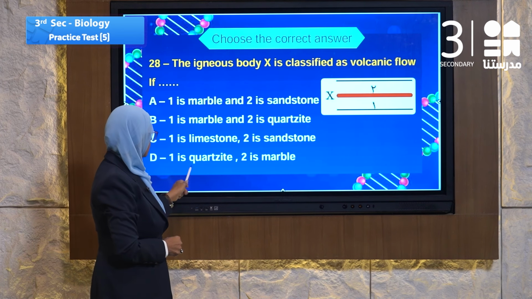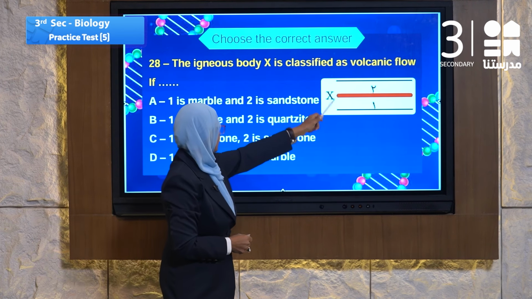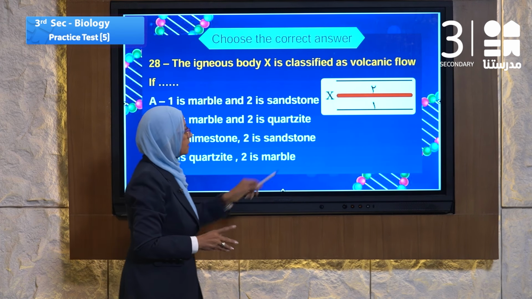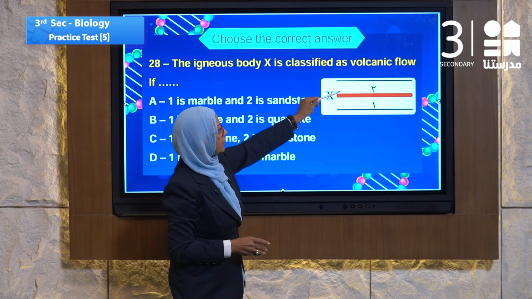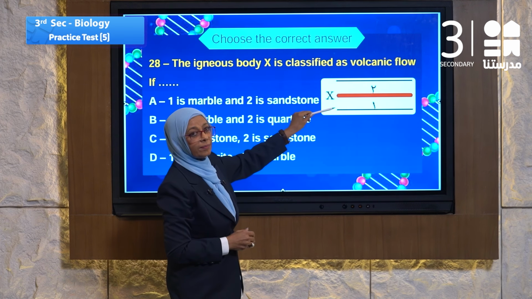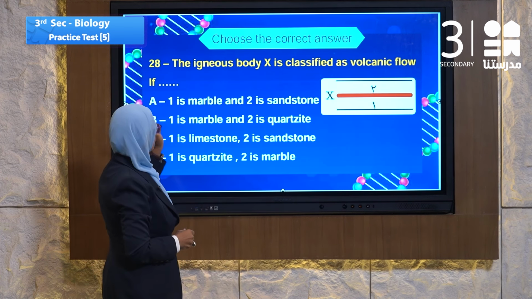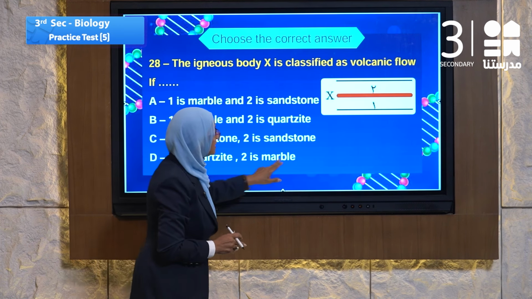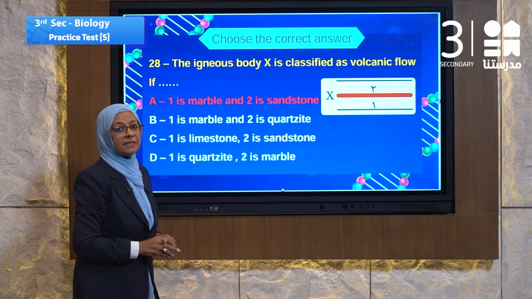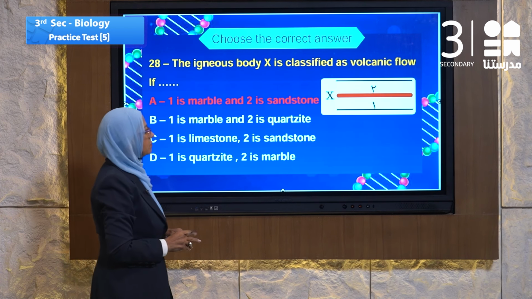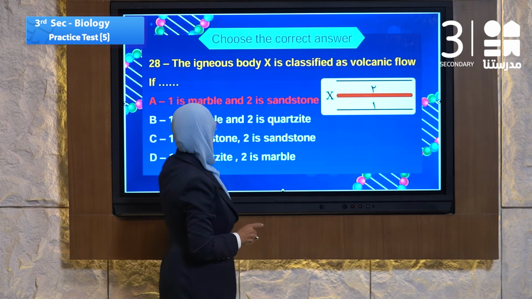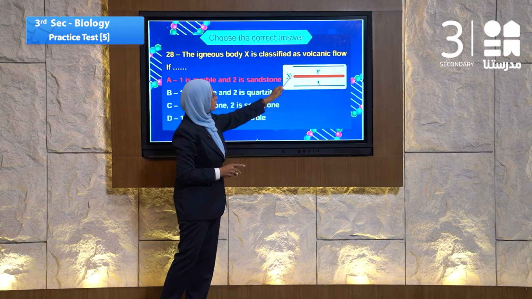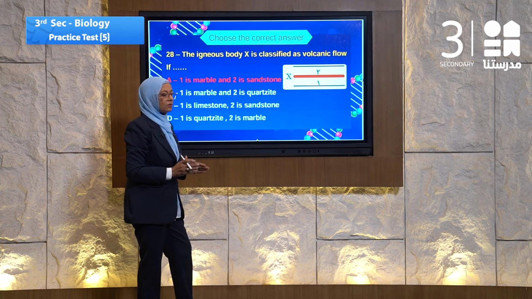D, 1 is quartz and the other is marble. I think that 1 has pressure from the rocks over it, so it must be marble. Marble is a metamorphic rock. And 2 is sandstone, a sedimentary rock. So 1 is metamorphic, marble, and 2 is sandstone, a sedimentary rock.